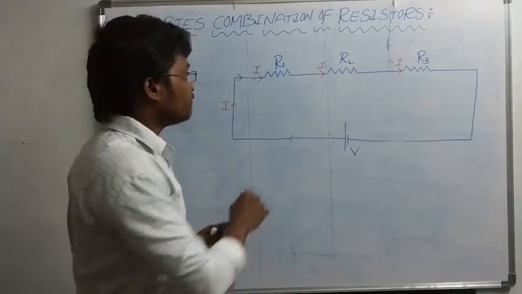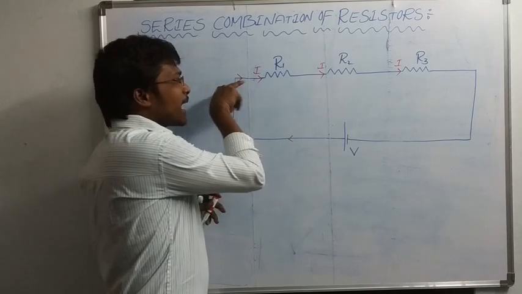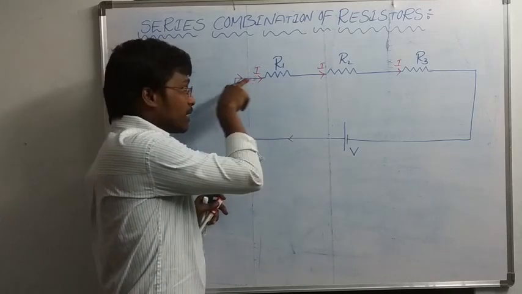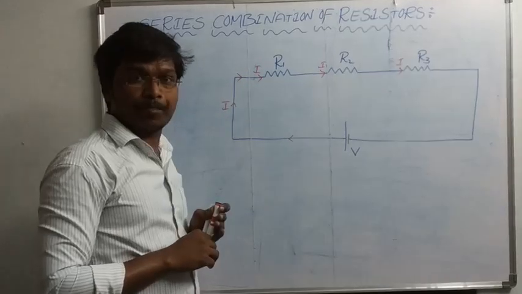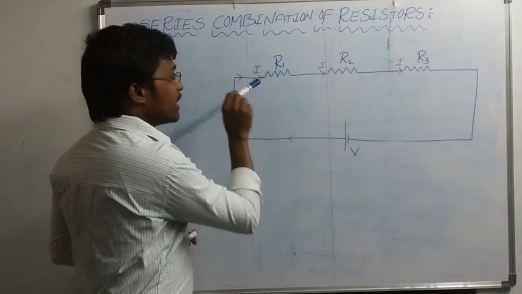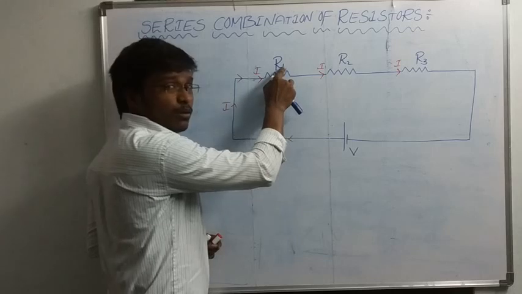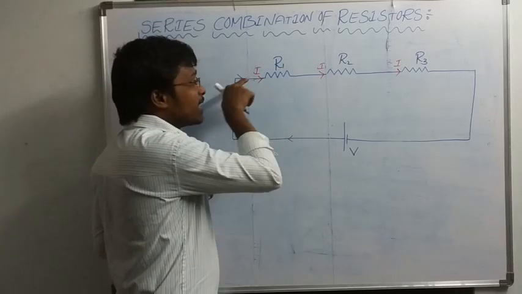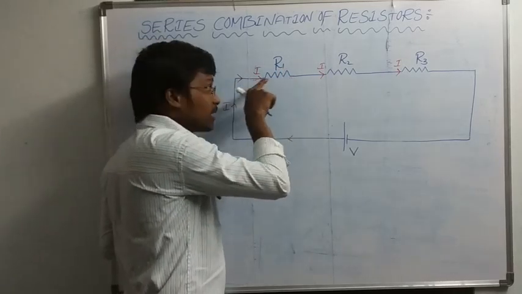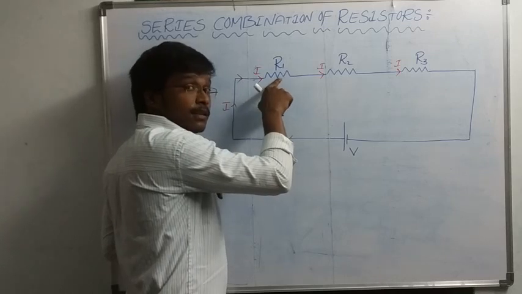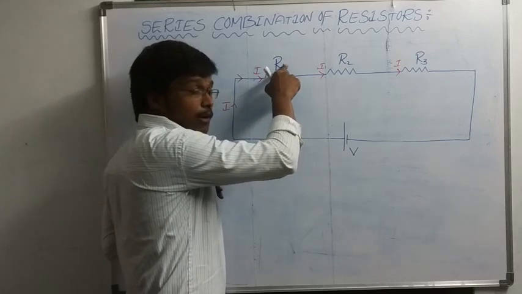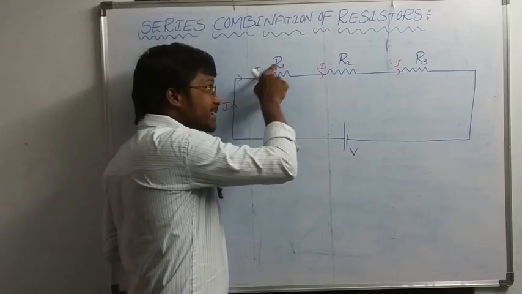Suppose current is passing through this resistor. The product of current and resistance gives the voltage. This resistor's resistance is R1, so current passing means I into R1.